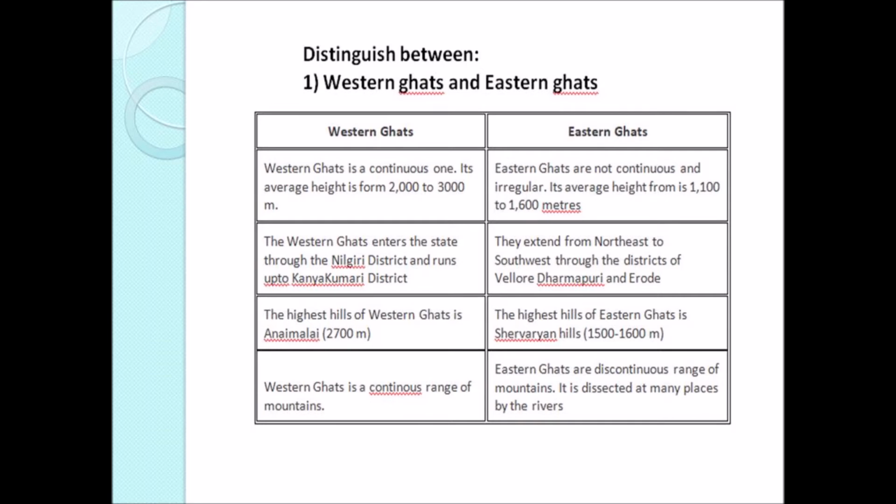Distinguish between. As far as this distinguish between is considered, it is enough if you write any 2 valid important points on either side. Okay, so it is enough to write 2 important points on either side. First question, distinguish between Western Ghats and Eastern Ghats.